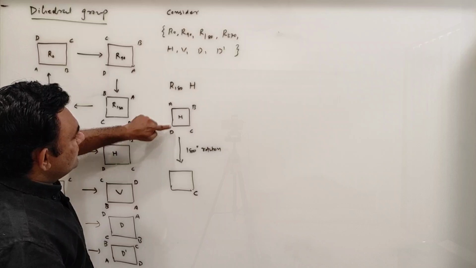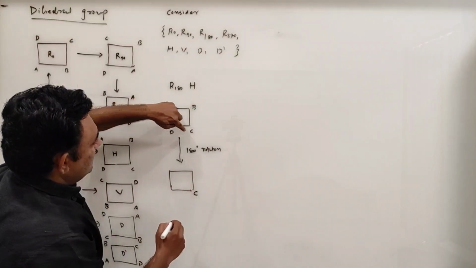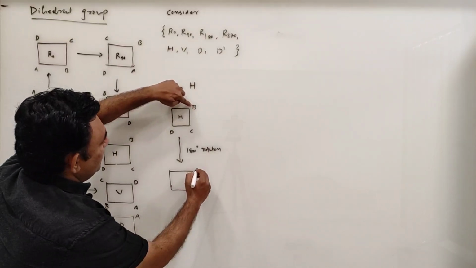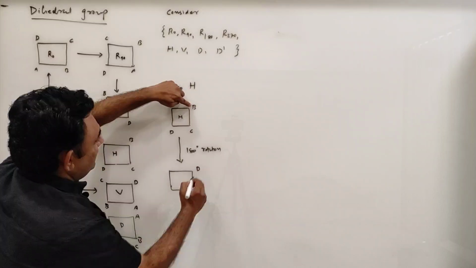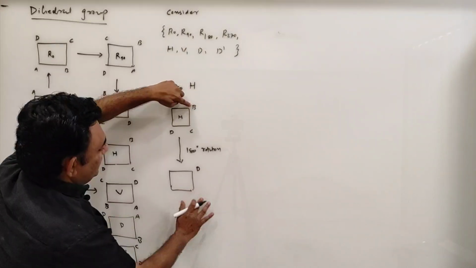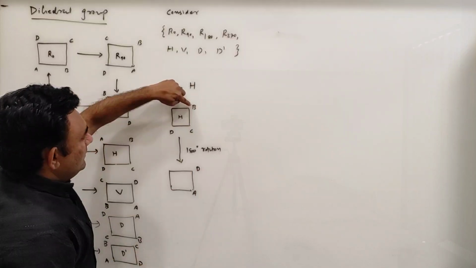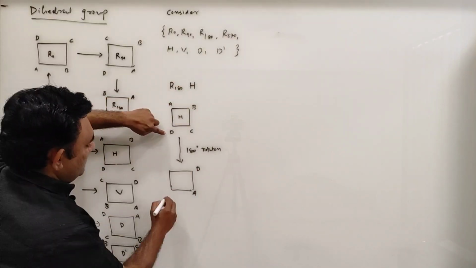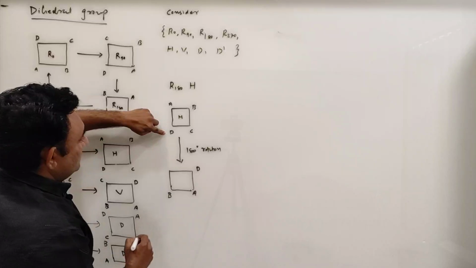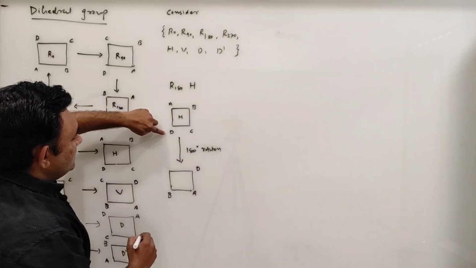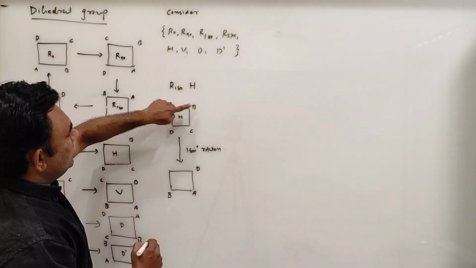D will become B. 90, 180. So D will be here. Sorry, here I have A, then D. B will move to D, and remaining is C. So C will move to B and A.